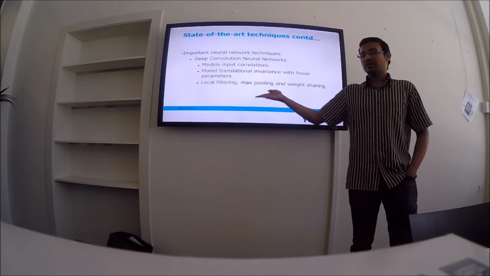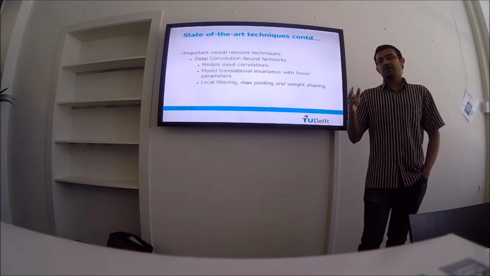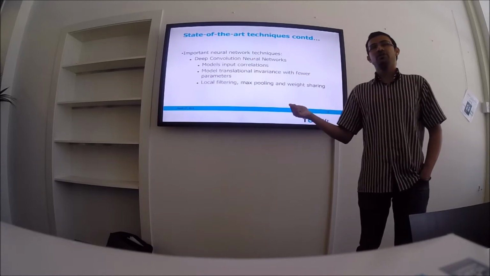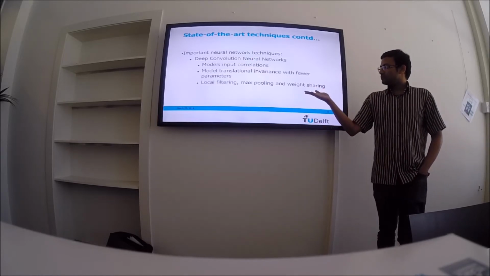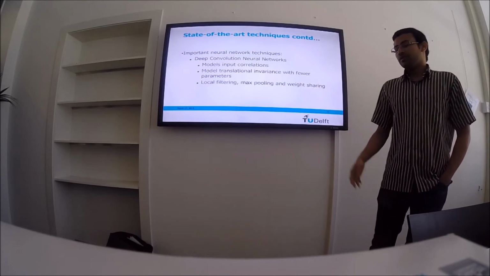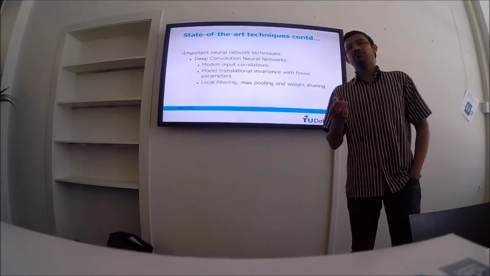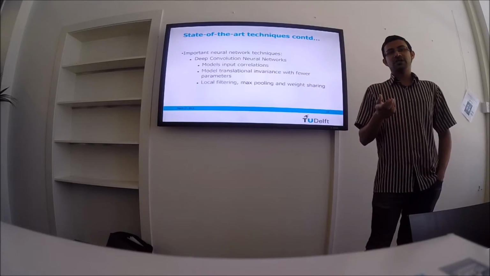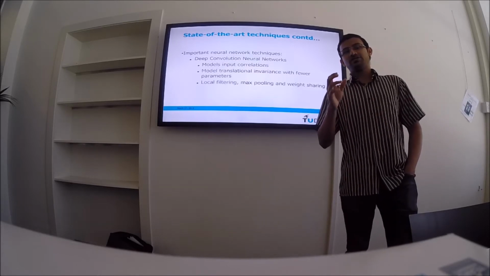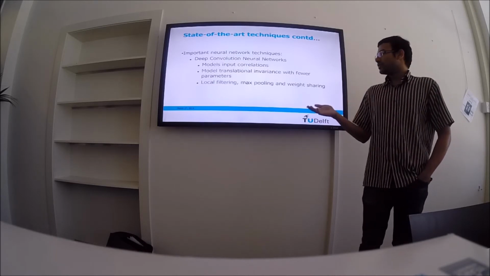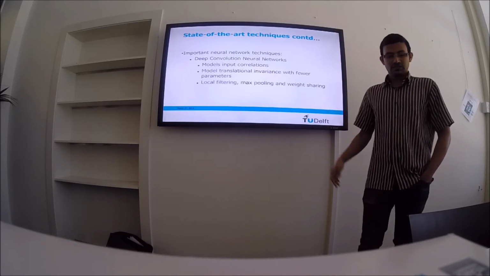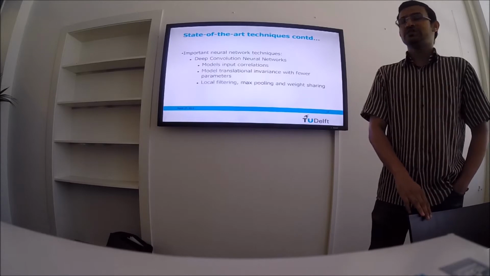This max pooling layer is responsible for the translation invariance property of this technique. And the final thing is weight sharing. In weight sharing, we have weights for each of the filters, and these filter weights are convolved with the input speech to generate the acoustic parameters which are used for speech recognition.